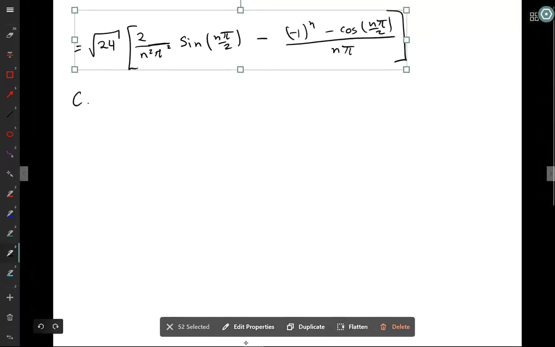So, c sub 1 is equal to square root of 24. Sine of pi over 2 is 0? No. Sine of pi over 2 is 1. So that's going to be 2 over pi squared minus, and then I have -1 raised to 1 is -1. And cosine of pi over 2 is 0.